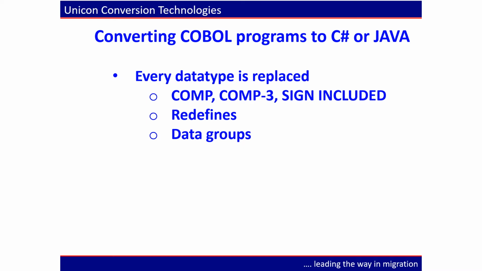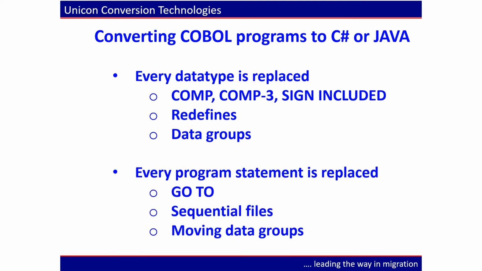But C# and Java have no direct replacement for the COBOL data types of comp3 and signed included. When a workaround replacement is decided upon, it is invariably of a different storage length than the original COBOL field. Redefines and data field groups are commonplace in COBOL, but they have no corresponding direct replacement in C# or Java.